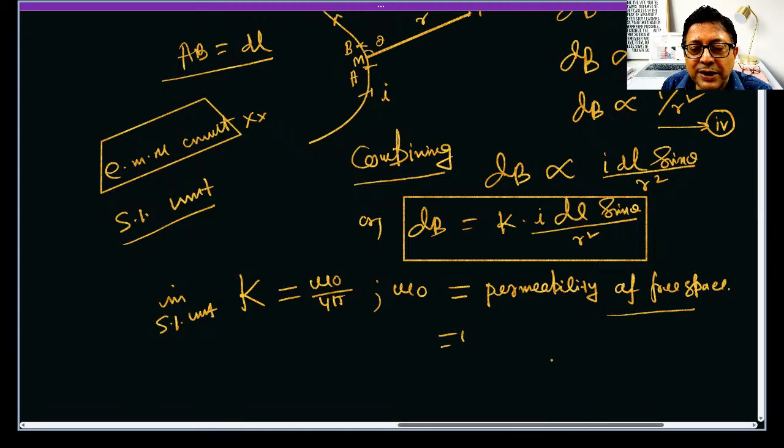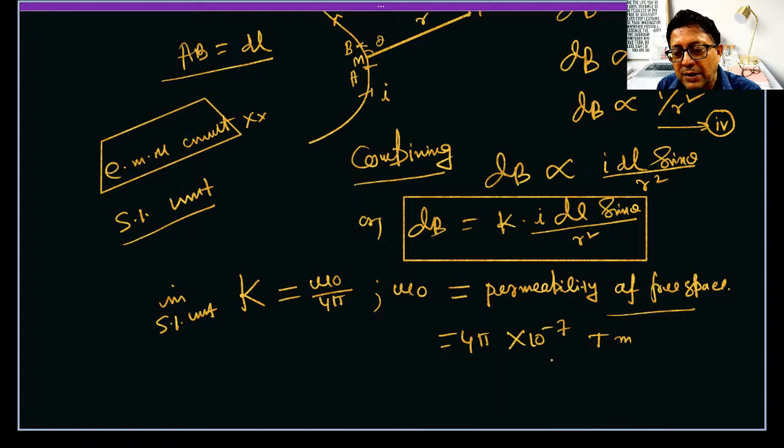Permeability of free space is mu 0. Its value is 4 pi into 10 to the power minus 7 Tesla meter per ampere.